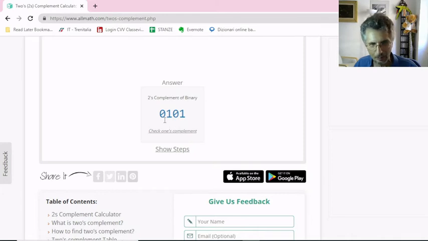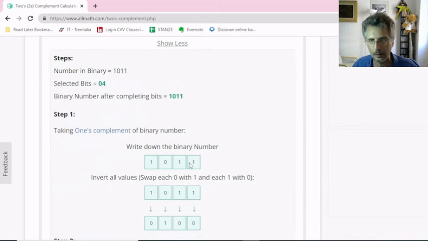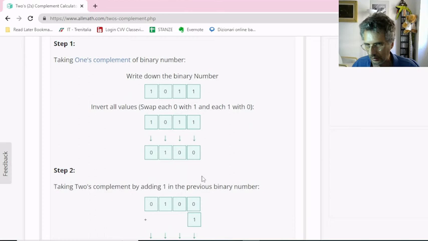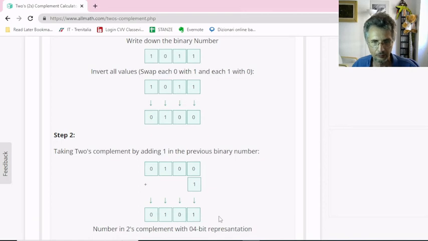So the 2's complement operation transforms a positive number into the corresponding negative number and a negative number into the corresponding positive one. It is the opposite operation, and you can see the details here, which are always the same. Invert all values, add 1 to the result, and obtain the final result.